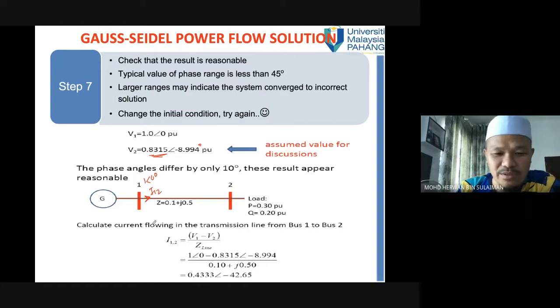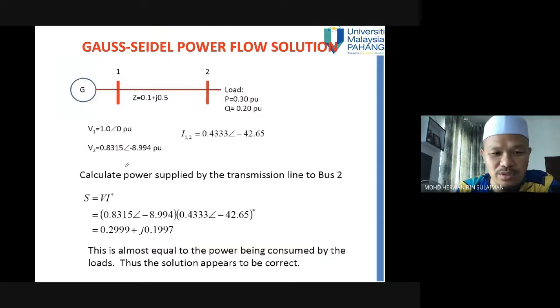The final problem is we need to find PG as well as QG, right? So we can use this equation: S equals V I conjugate, where V is your voltage at bus number 2, times I conjugate. The result here is 0.2999 plus j0.1997.